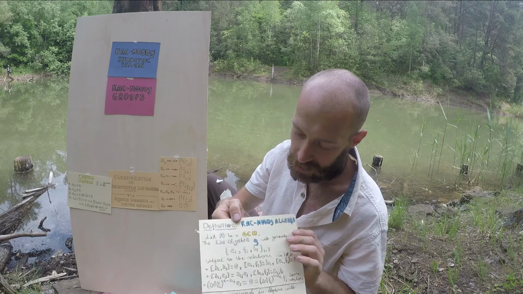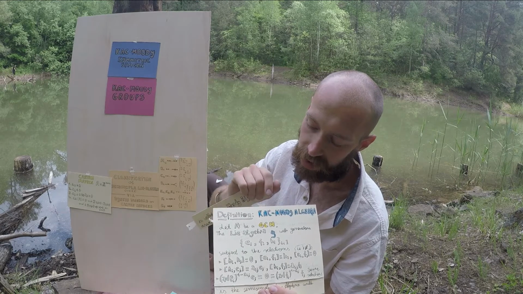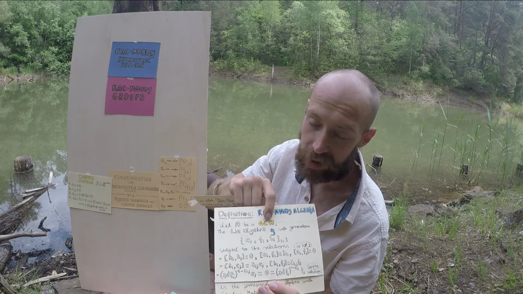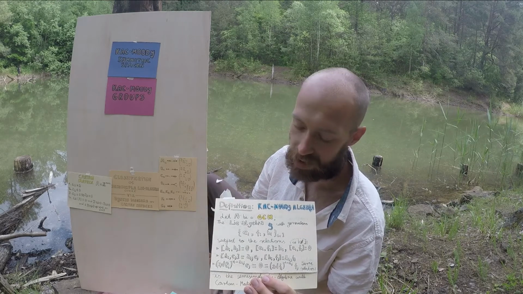And now what it says is the definition of the Kac-Moody algebra, and we begin not with a Cartan matrix, but with a generalized Cartan matrix. I'm going to explain in a minute.